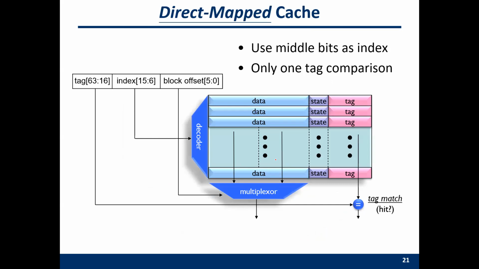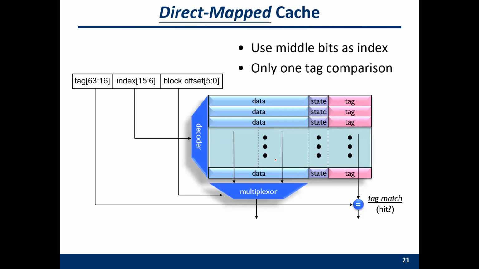So the fully associative cache is very good. You can store your data in any location of the cache. But the problem is that when you look up the cache, you have to compare all the tags. Potentially the lookup will be very slow if you have a very large cache. A larger cache means you have a lot of tags to compare.